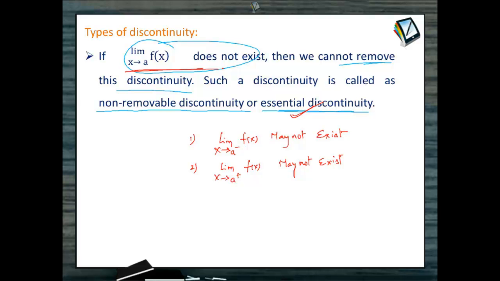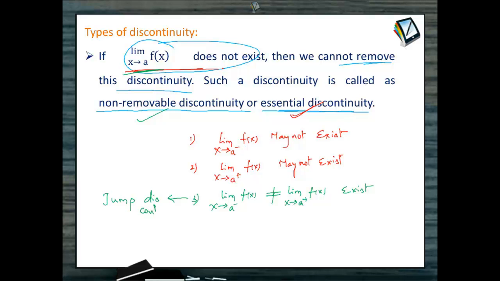There is one more case. Maybe the limit as x approaches a from the right and the limit as x approaches a from the left both exist but they are not equal. Then also the function's limit does not exist and therefore it becomes a non-removable discontinuity, right? Now the name we gave for such a kind of discontinuity is jump discontinuity, isn't it?